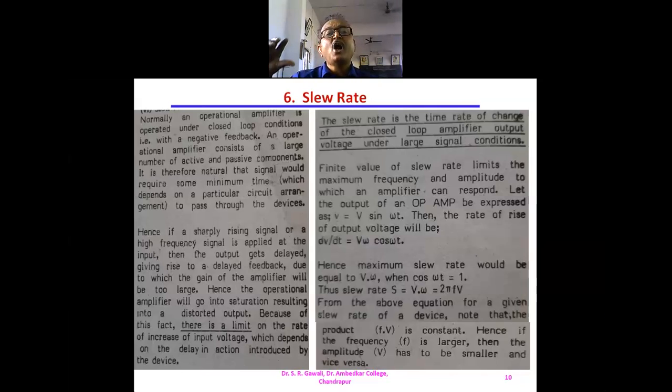Means a small part of the output is connected back to the input so that the net input voltage applied to the operational amplifier should be reduced. और net input voltage यदि reduce होता है तो output will be increased. Okay, means input reduce किया जा रहा है और output बढ़ाया जा रहा है. So that is nothing but a negative feedback.